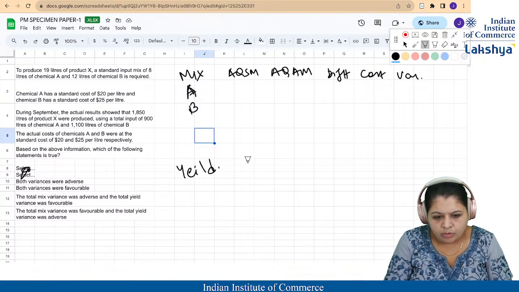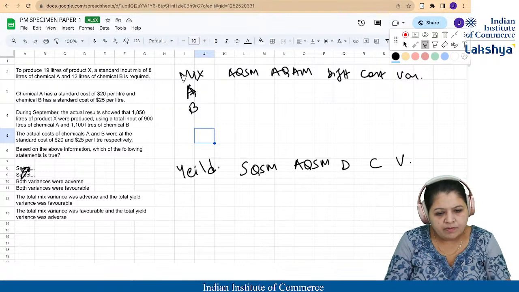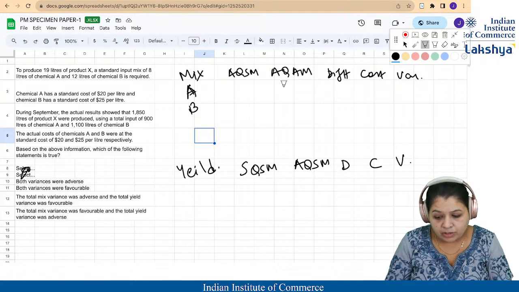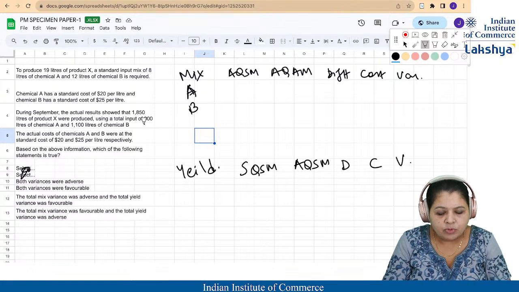For yield also you have SQSM, AQSM, which you pick up from here, your difference, your cost, and your variance, right?